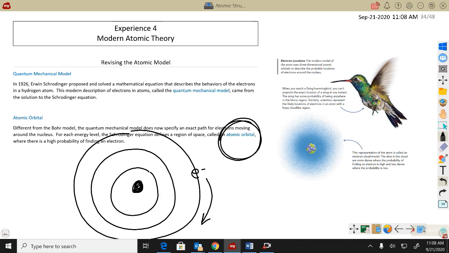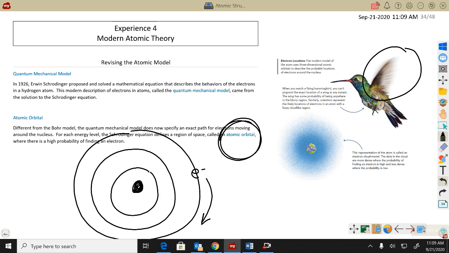And so they're trying to maybe compare an atomic orbital to the wings of a flying hummingbird. If I'm just watching a hummingbird, I see this blurry region where I know the wing is somewhere in here, but it's constantly moving. And electrons are constantly moving. And so I don't know exactly where the wing is.